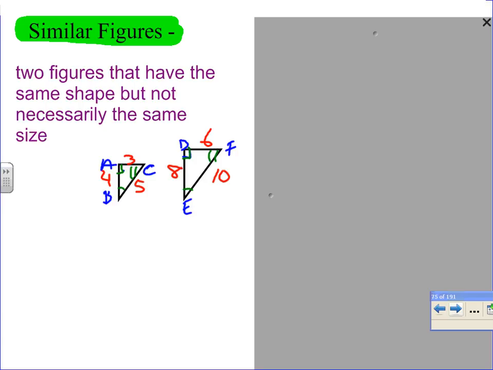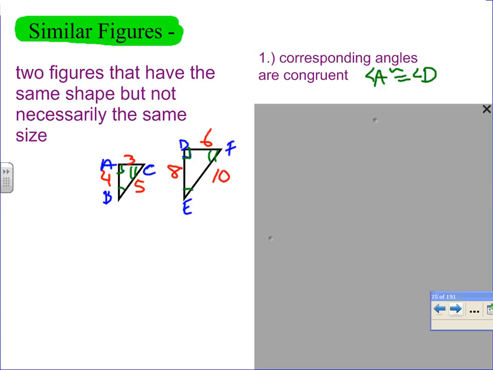Yep. So what I wanted to hear is the proportion from small to large is 1/2. The scale factor from small to large is times 2. What's the scale factor from large to small? So going this way, what's the scale factor? Adam? Awesome. Times 1/2. Do you guys see that? There's 2 different scale factors depending on which way you go. This way is times 2. This way is times 1/2.